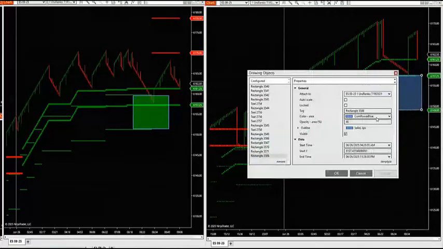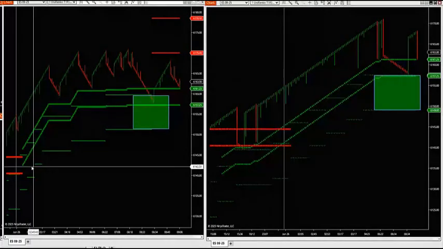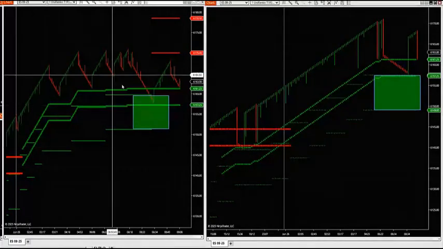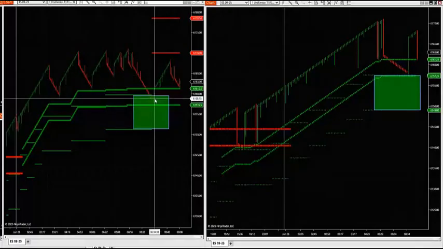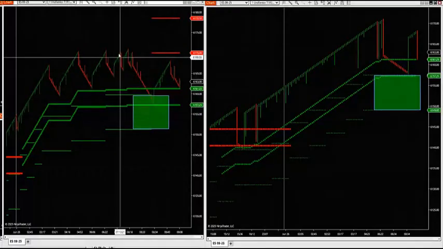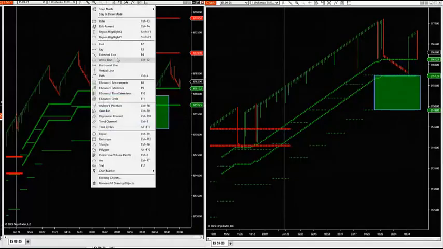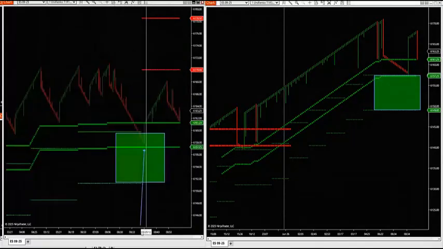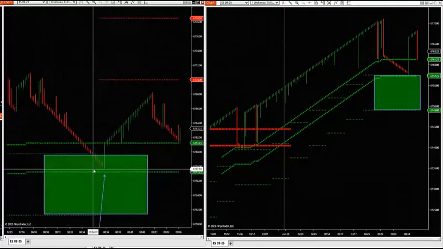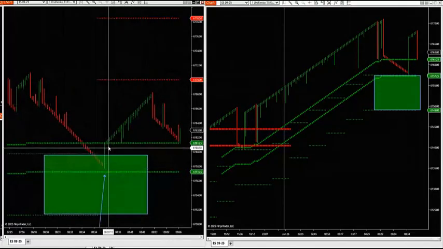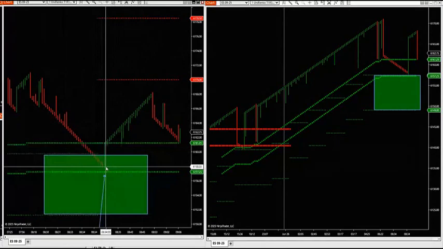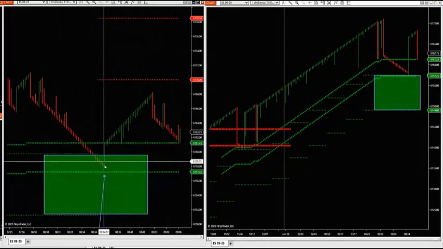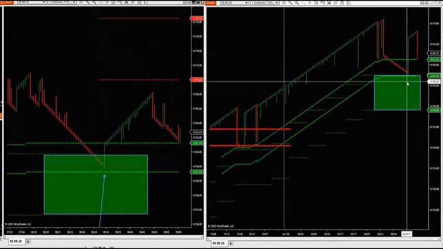Okay, so what's the difference? The difference is this reversal candle. If you look at the entire session, we never had a zone buy until this morning at 8:34. There's our zone buy. The difference is that your reversal candle is going to be 13 ticks versus 35 ticks.